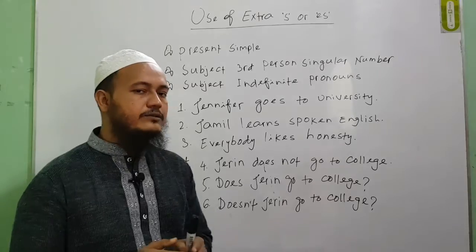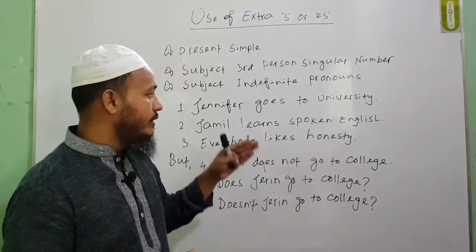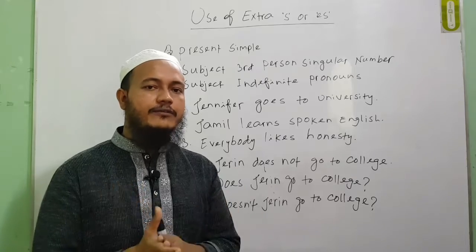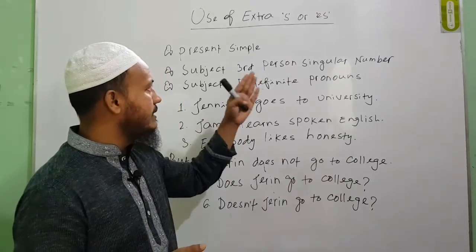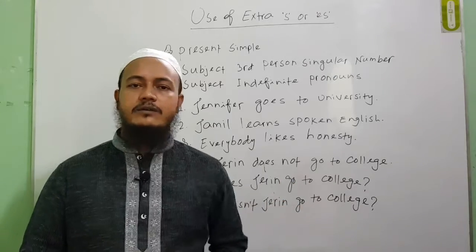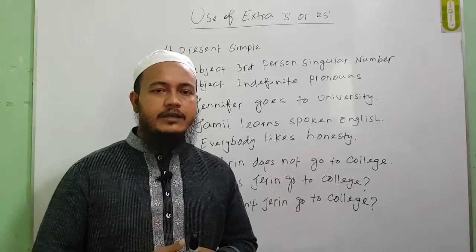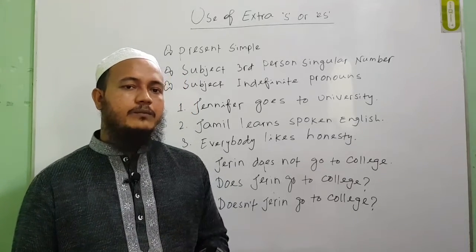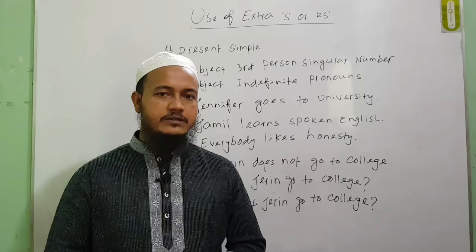And I need to tell you one more thing: when your sentence is affirmative, I repeat, when your sentence is affirmative, you will have to use extra s or es. But if your sentence is negative, interrogative, or interrogative plus negative, you don't need to use extra s or es with the main verb, though your subject is third person singular number.